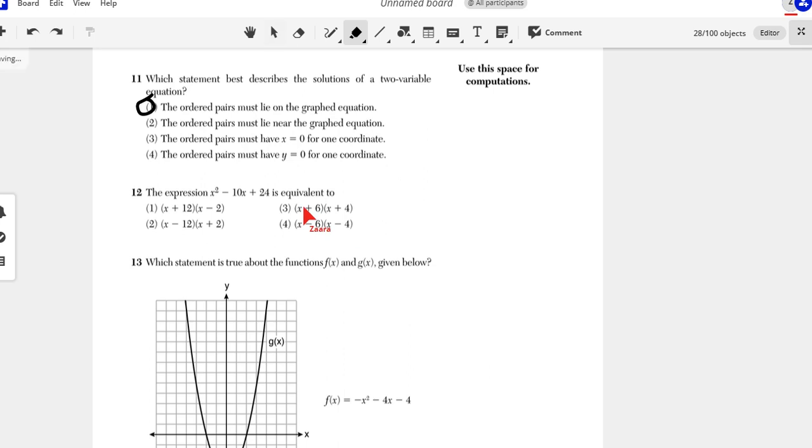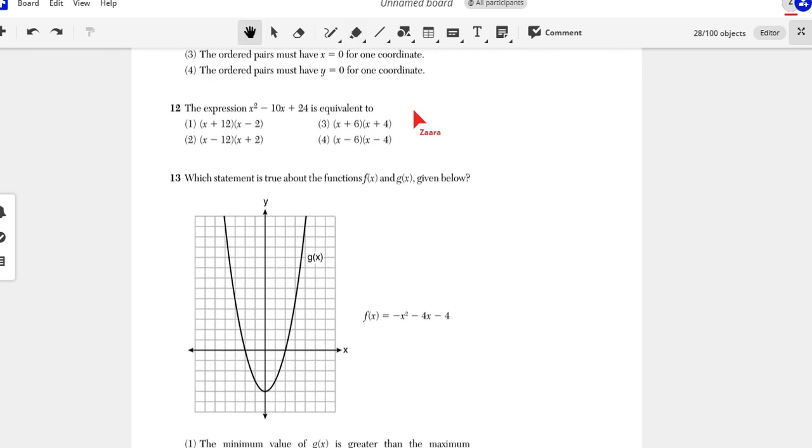Okay, so number 12. The expression x squared minus 10x plus 24 is equivalent to... So how I solve this: minus 10x plus 24. So first thing I do... Did I do something wrong?